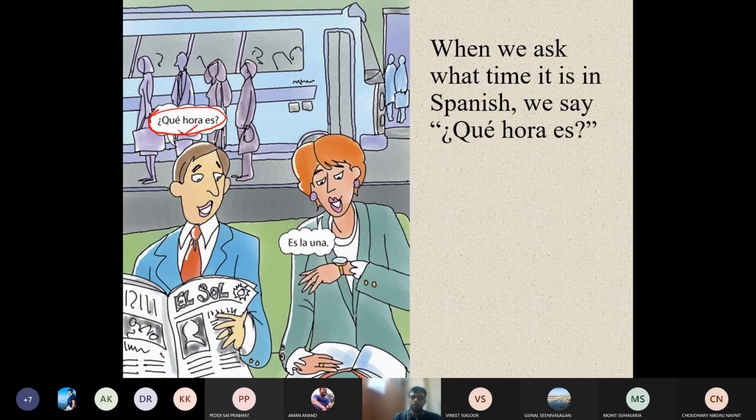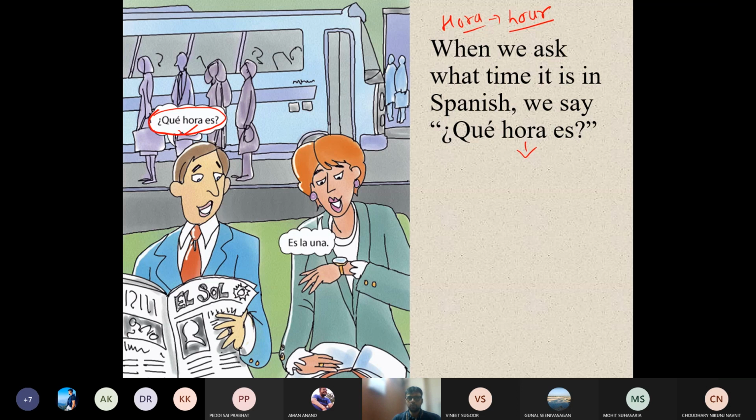Qué hora es. So here one thing which will come to your mind is why are we using hora? That is what happens in Spanish. In English we say what time is it or what is the time. In Spanish they generally refer to the hour, so they say what hour is it. But the message is the same.